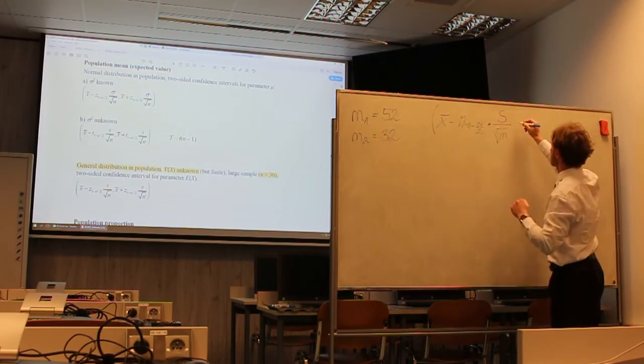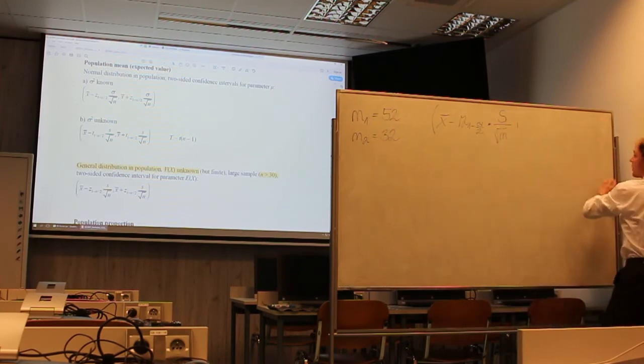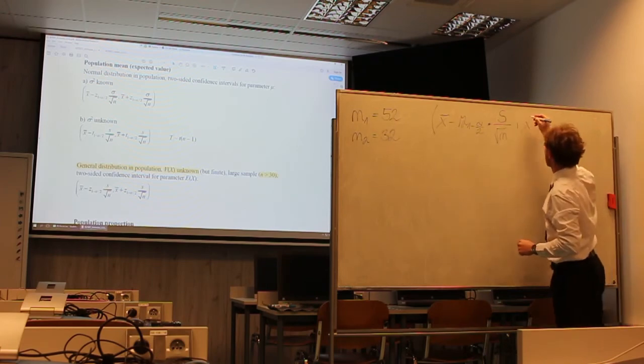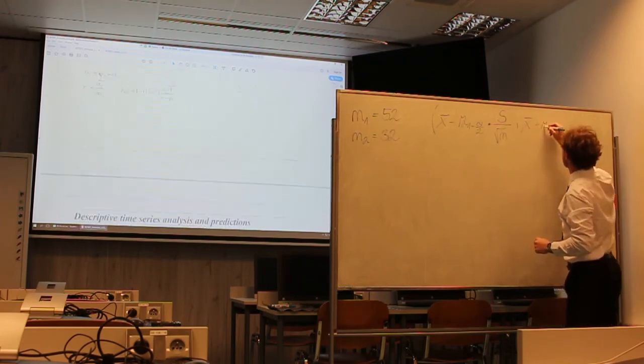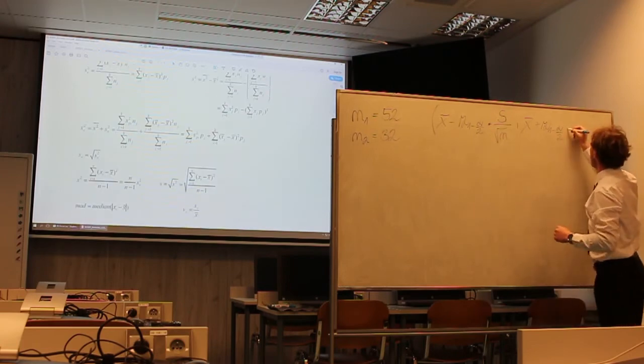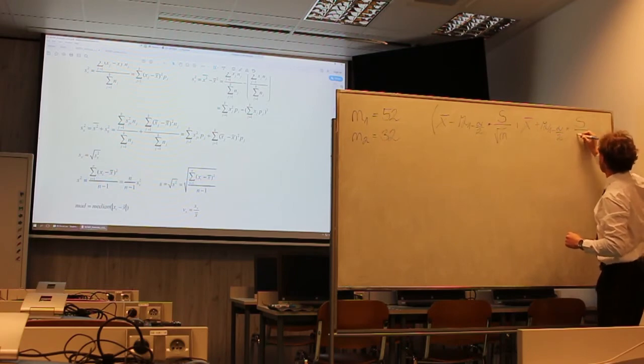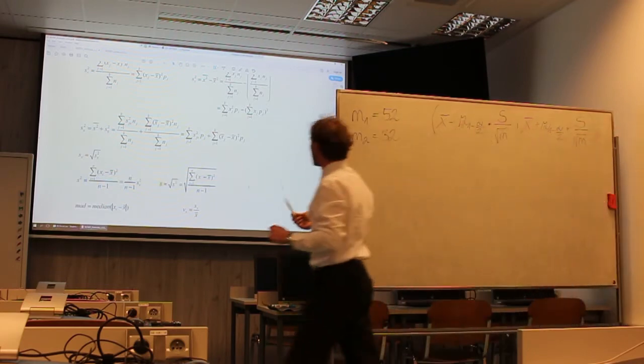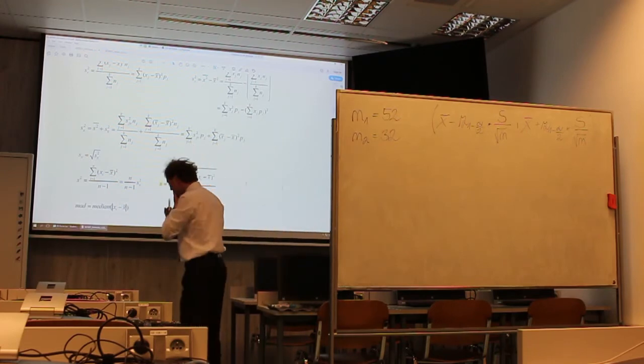So this is the left side, and the right side of this interval is X with stripe plus Z1 minus alpha divided by 2 times the standard deviation divided by the square root of n. Okay. So this is the formula.